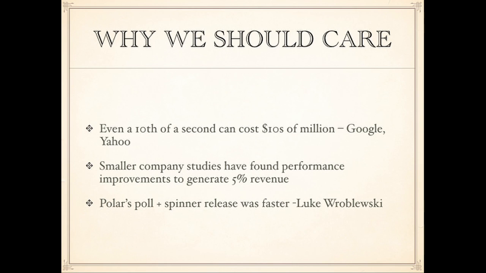Luke Wroblewski told a story last year about when his team released a poller app, where they were optimizing their polling function in the app and had improved it for performance. At the same time, they introduced a new UI item for animations, a spinner, in their loading.